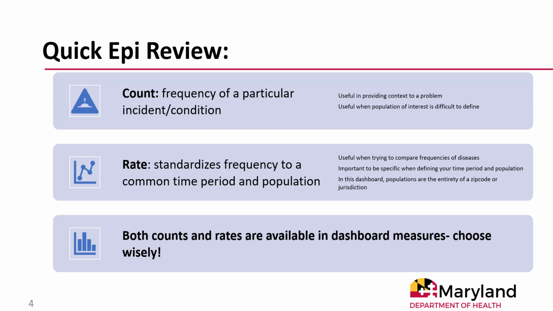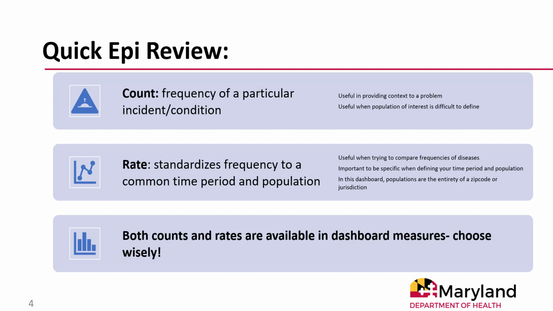A rate standardizes frequency to a common time period and population. This is useful when trying to compare frequencies of disease. It's important to be specific when defining your time period and population. In this dashboard, populations are the entirety of the zip code or jurisdiction. Both counts and rates are available in the dashboard measures, so choose wisely.